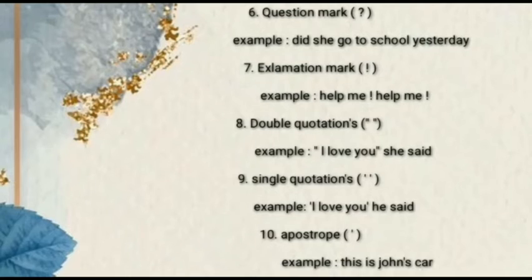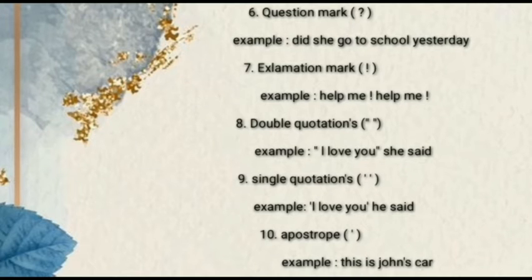Question mark. For example, did she go to school yesterday? Exclamation mark. For example, help me, help me! Double quotation. For example, "I love you," she said. Single quotation mark. For example, 'I love you,' he said.